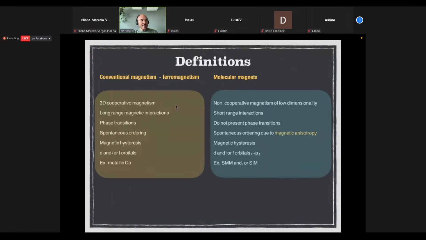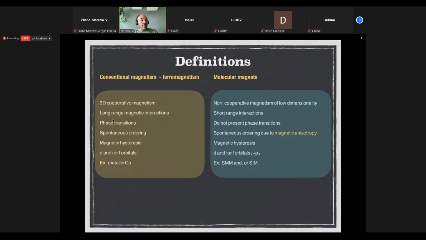Standard ferromagnetic materials have 3D cooperative magnetism, long-range magnetic interactions. Let's think about a piece of cobalt, a piece of gadolinium, for instance.